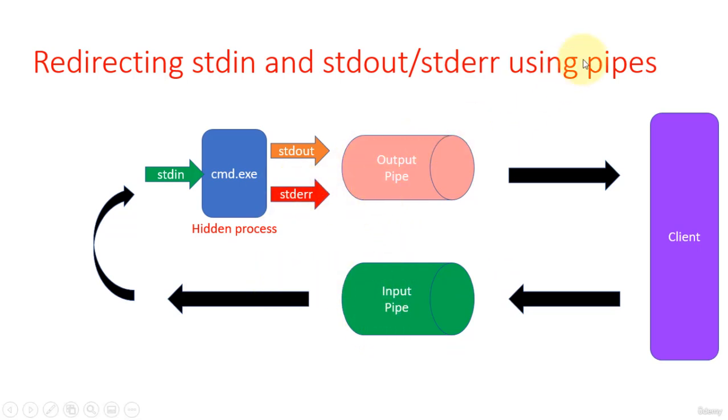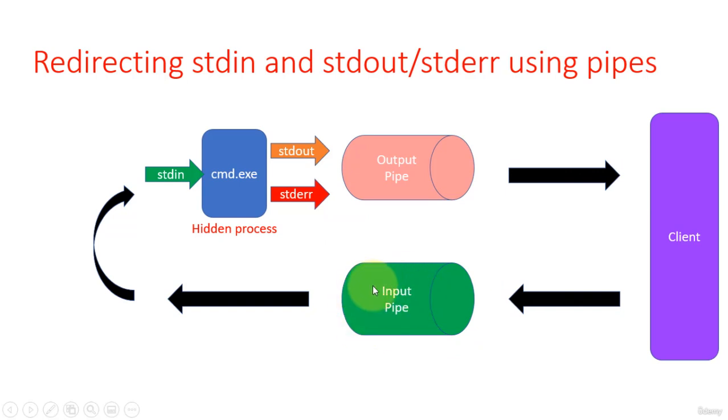So using this concept of pipes, we can also redirect all the standard in and standard out. In this example here, we have now intercepted our standard out by putting a pipe between the standard out and standard error and the output.